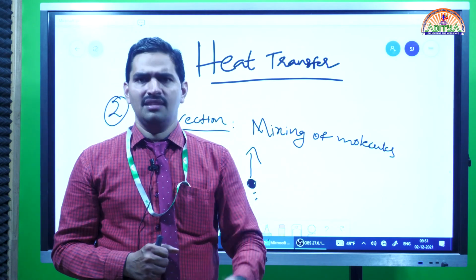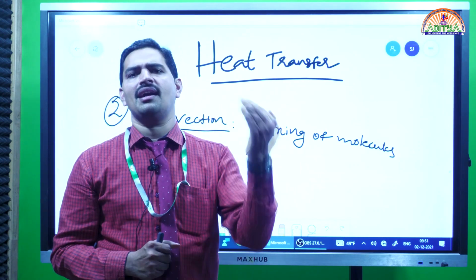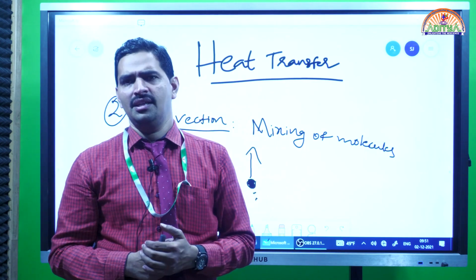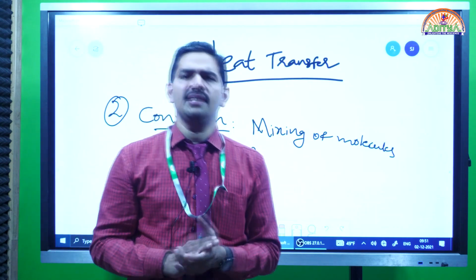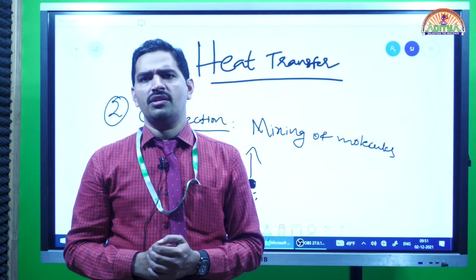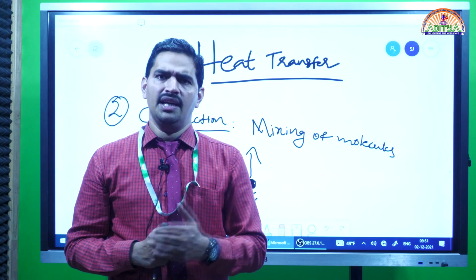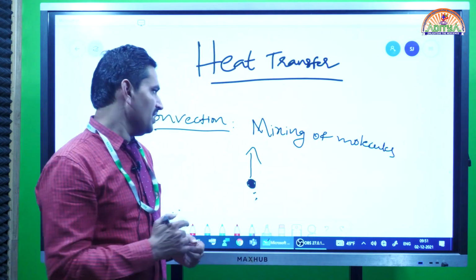Because the movement of particles forms what are called convection currents. Because of the movement of these particles, all the water molecules present in the container get heated. So this is called convection.